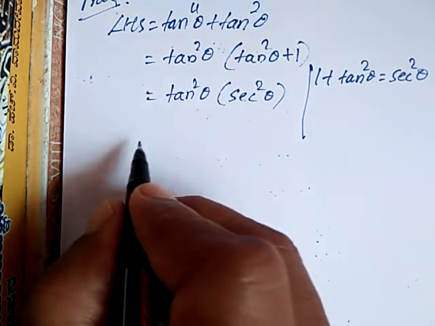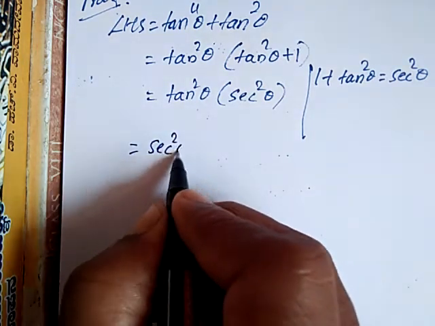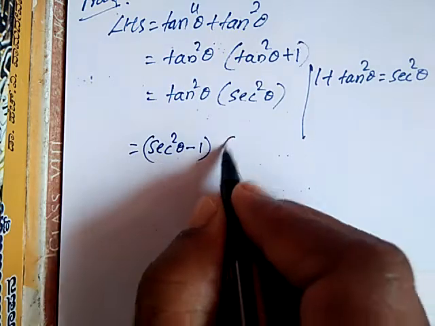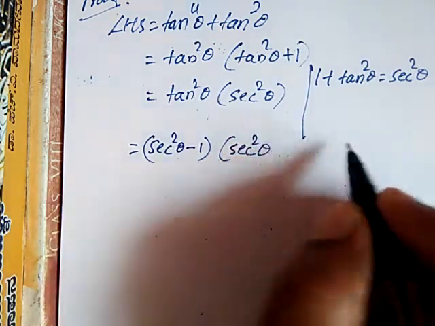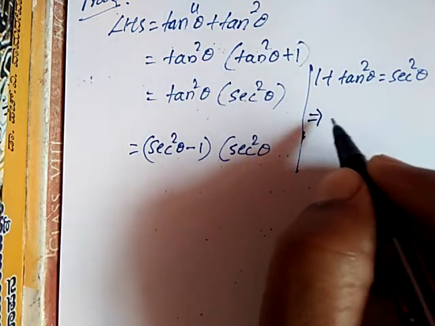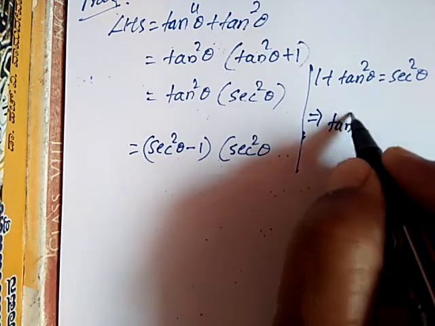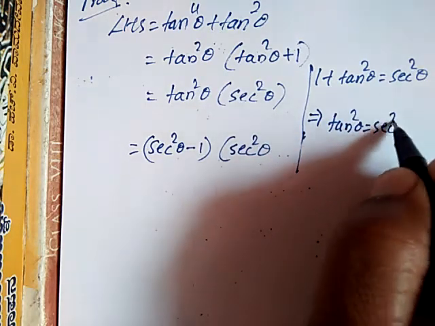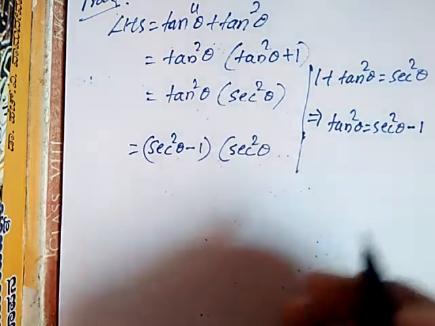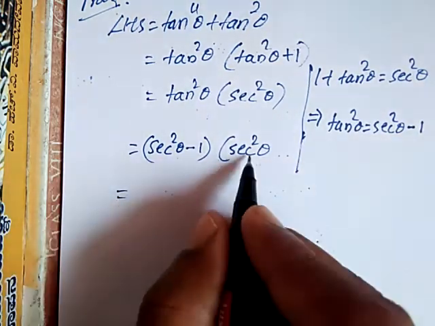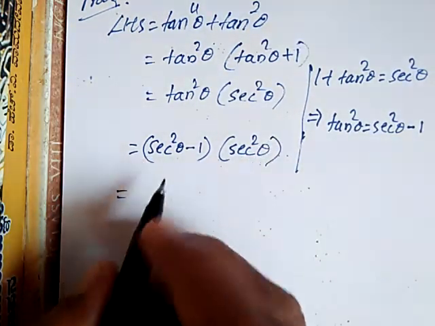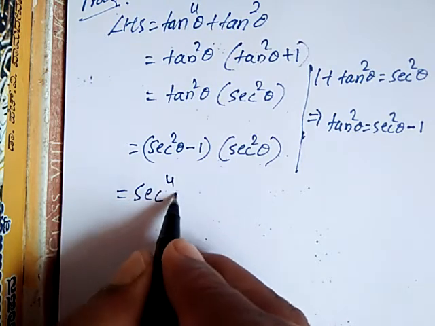So now you can write this tan square theta as secant square theta minus 1, into secant square theta. Okay, so by this one you can write what? Tan square theta is equal to secant square theta minus 1, if you transfer the 1 to the right hand side, it will be minus 1. So this will be secant square theta into secant square theta is secant to the power 4 theta.